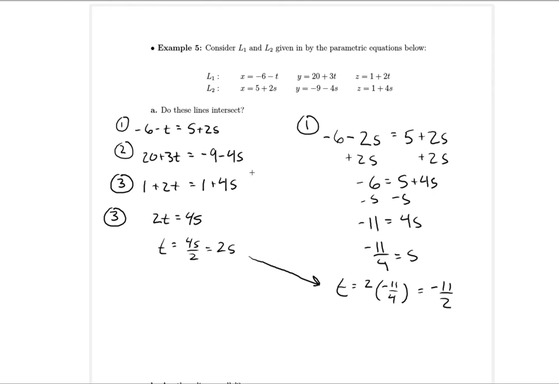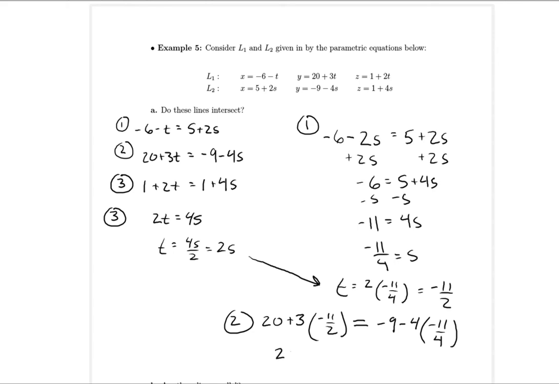So does that work in equation 2? Equation 2 says 20 plus 3 times my t value, which is -11/2, is supposed to equal -9 minus 4 times s, which is -11/4.